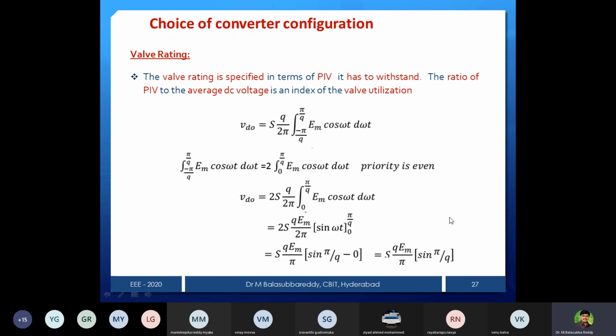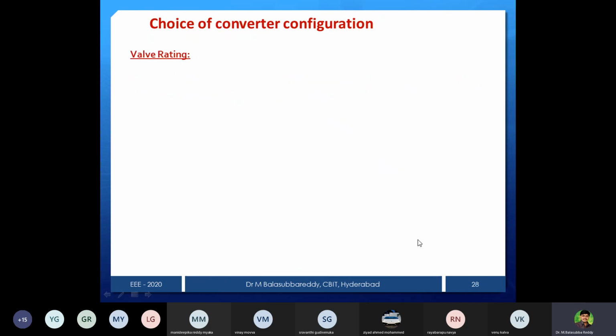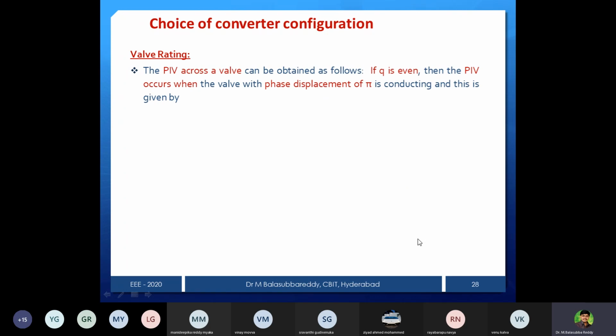So this is the valve rating required based on your pulse connection, with valve 1, valve 2 and so on connected in parallel, and you can easily find the required valve rating.